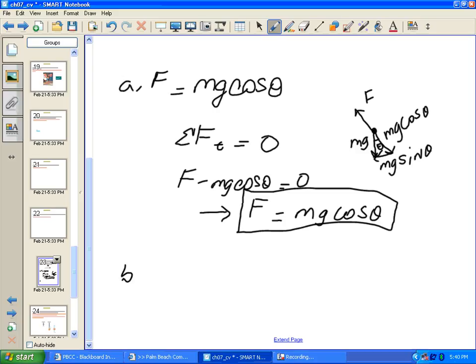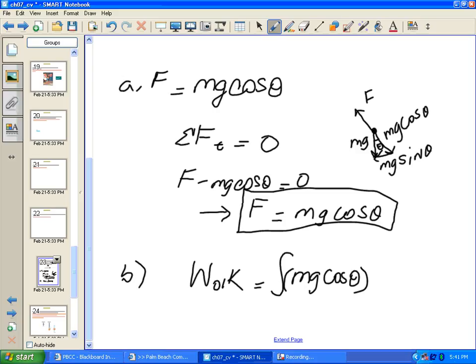Now, in the second part, we're asked to, by direct calculation, determine the amount of work which is done by this force as the bead is displaced from the bottom of the arc to the top of the arc of the semicircle. So we have our force, which is tangent.